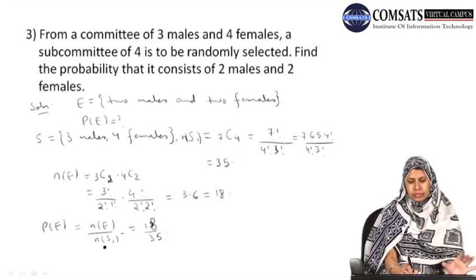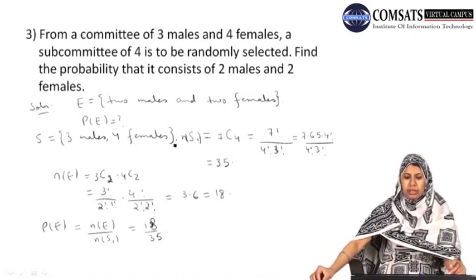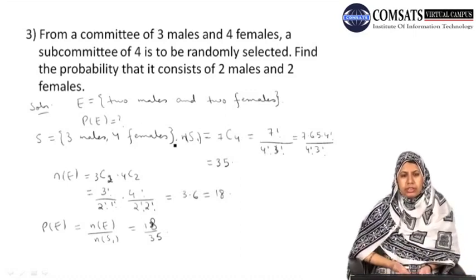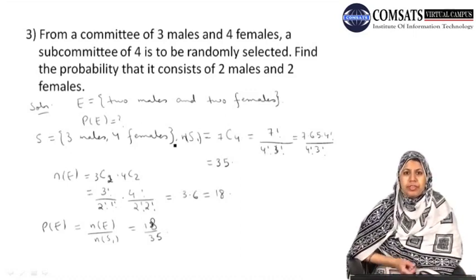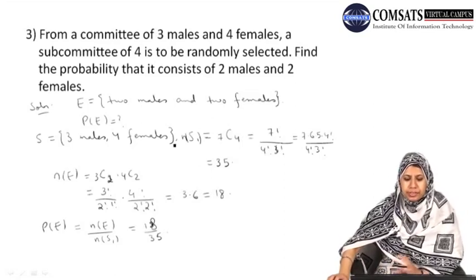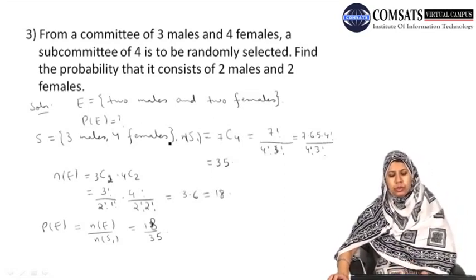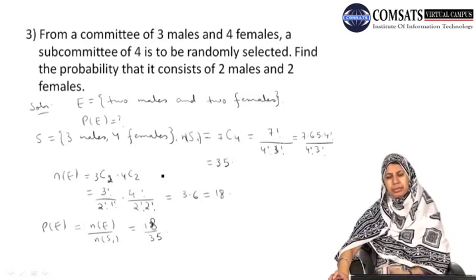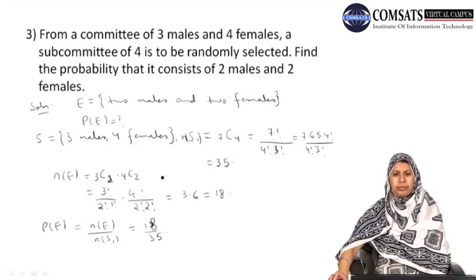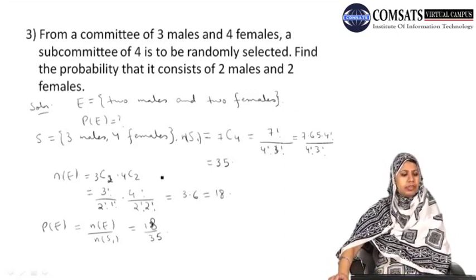Where n of S1, the size of S1, tells us the possible combinations in which we can select our 2 males and 2 females from the given space of 7 elements. So this is how we use the rules of combination or sometimes permutation to obtain the probability of some particular event.